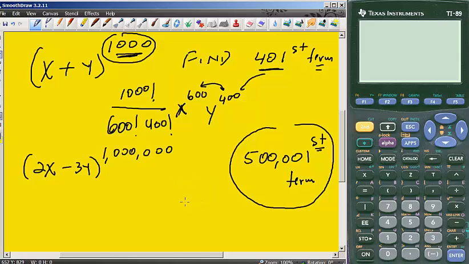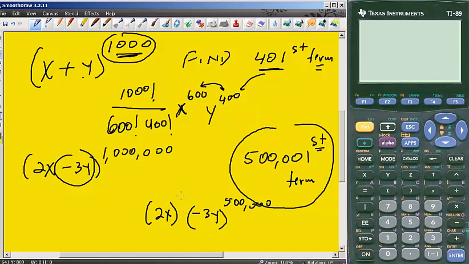But we know this, remember, I've changed this into 2x plus negative 3y. So the negative 3y is my second term. Are you with me? Not just y, it's negative 3y. What will be the power on the negative 3y? 500,000. What will be the power on the 2x? Notice I'm putting parentheses on those things because I have more than just an x.